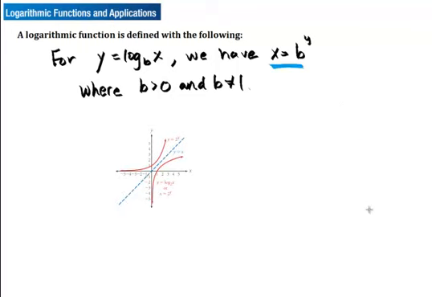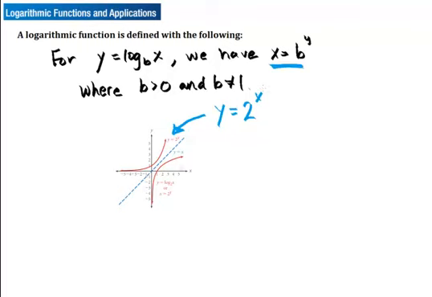Now, when I'm looking at logs and exponential functions, they are just inverse functions of each other. So we're looking at y equals 2 to the x. And if I want to graph its inverse, I just flip-flop those x and y values just as we did previous to this.